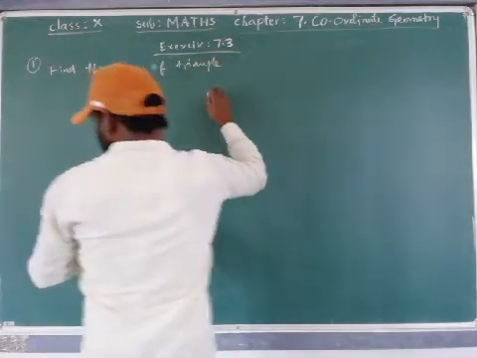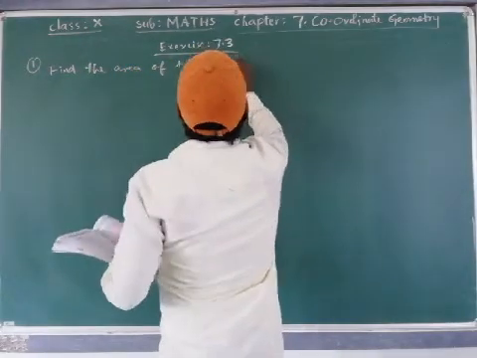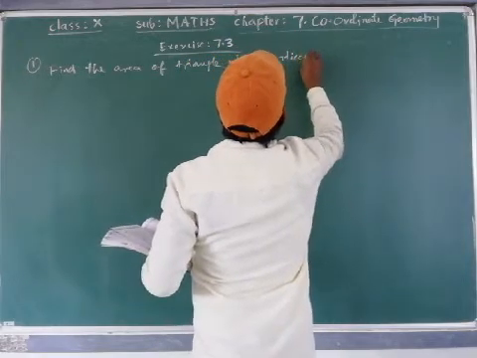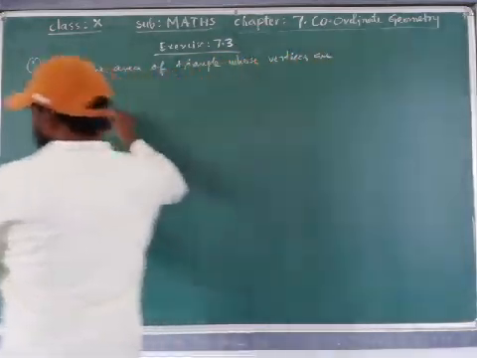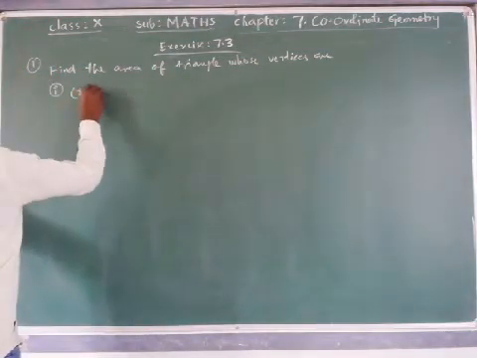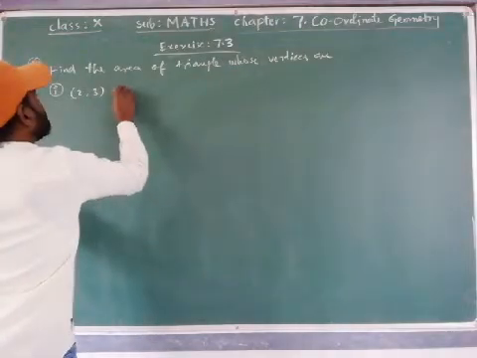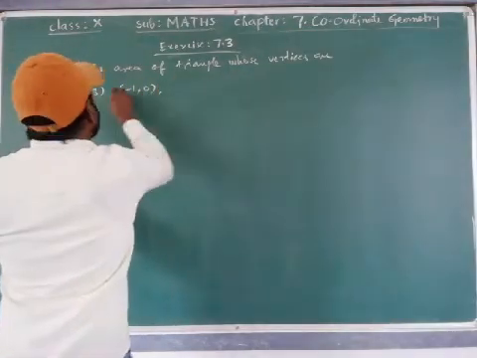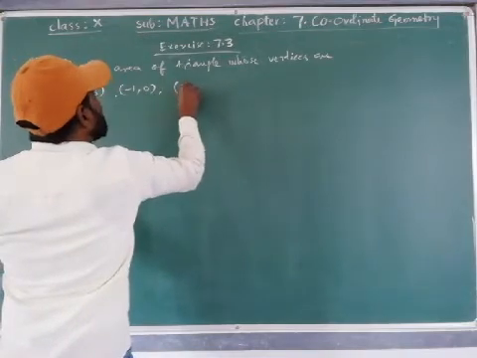triangle whose vertices are given, in that there are 3 bits. First bit I am going to tell you now: (2, 3), (minus 1, 0) and (2, minus 4).